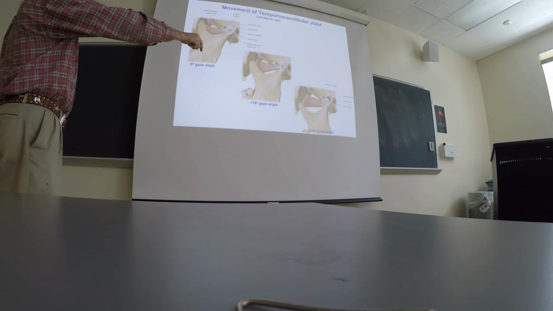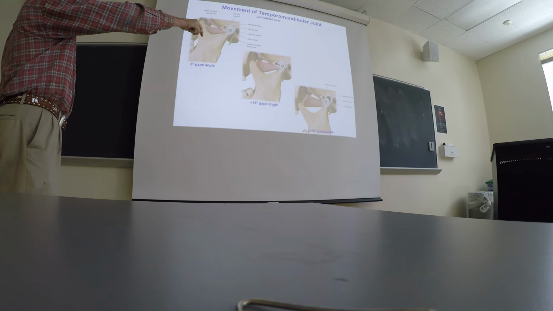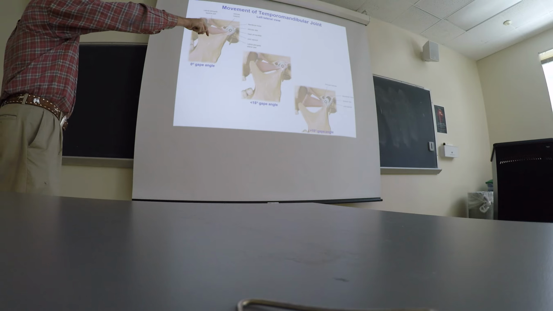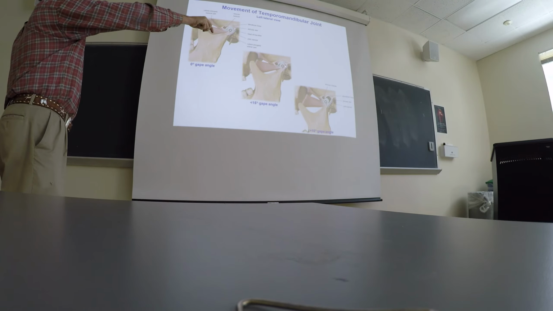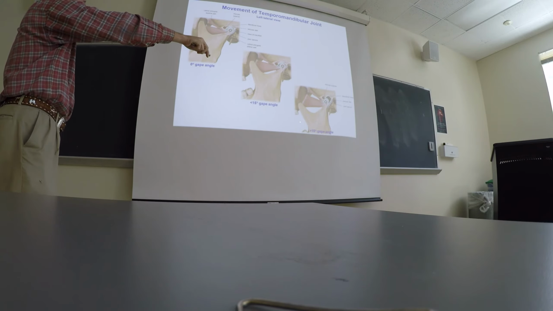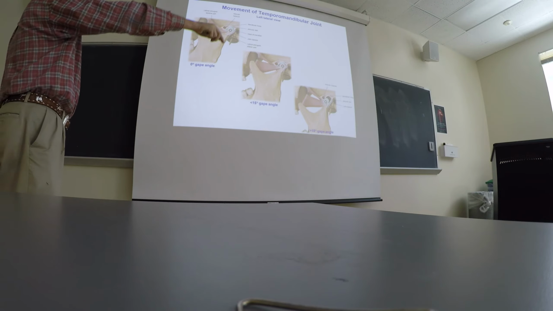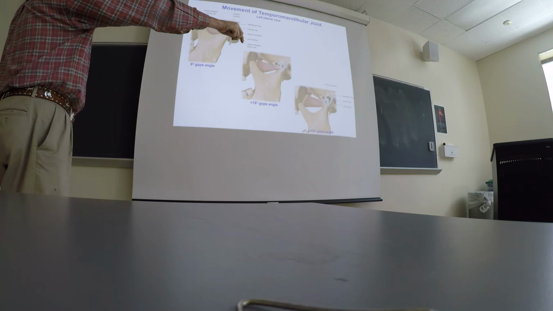So for a small jaw opening, basically all you have is a rotation of the condyle relative to the disc and the fossa above. When you go into a larger amount of jaw opening, the disc and the condyle slide forward. There's the translation.